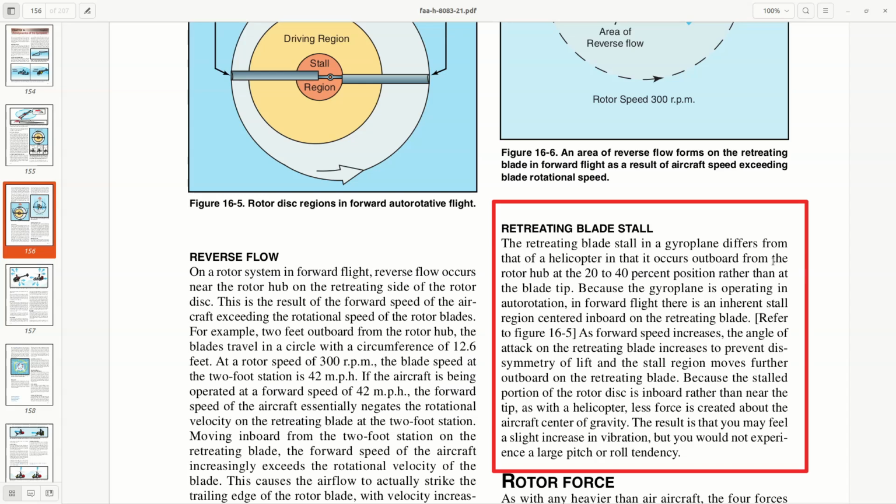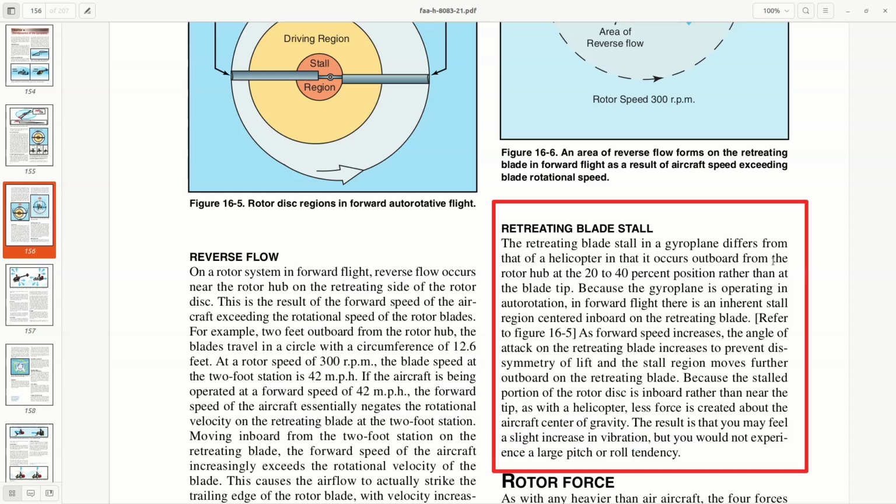In the case of a helicopter, if you have retreating blade stall, you're going to experience large pitch and roll tendencies. You're going to get some vibrations. The thing's going to pitch up and then it's going to roll over on its side. But you won't have that in the case of a gyro. Instead, in the case of a gyro, what you're going to experience is a slight increase in vibrations.